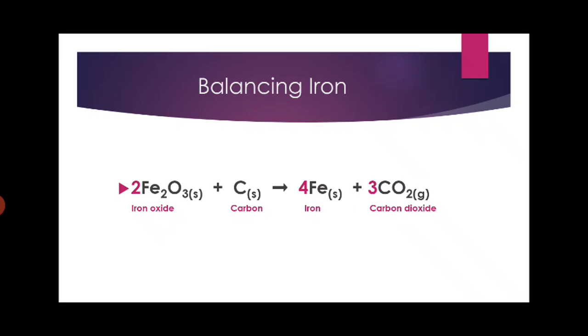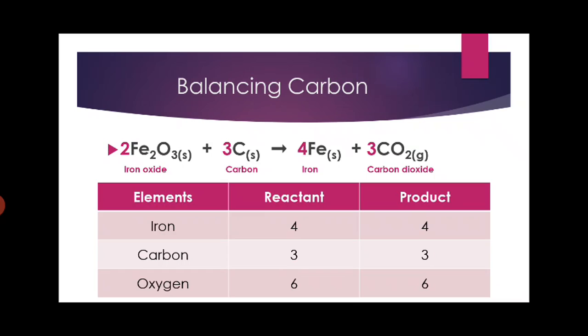Next comes the carbon atom. We balance the carbon atom by putting 3 with the carbon on the reactant side, because there are 3 carbon on the product side. So we place 3 beside carbon to make carbon balanced on the reactant side.